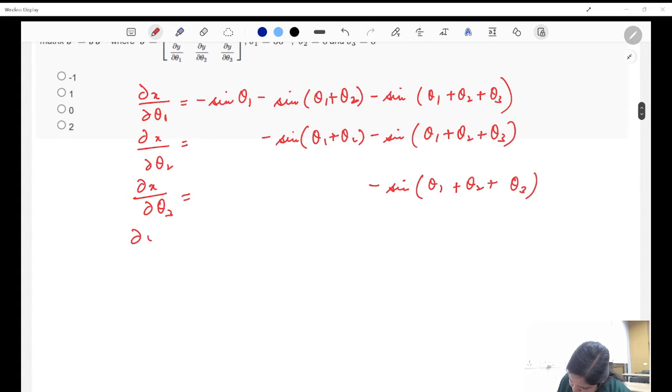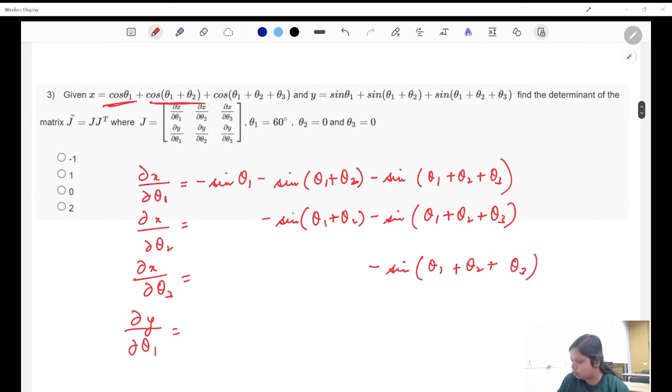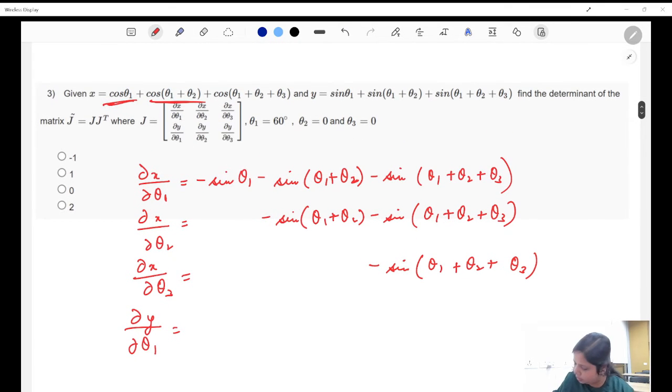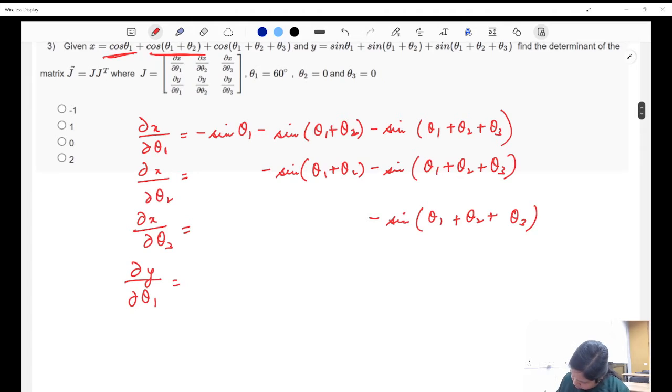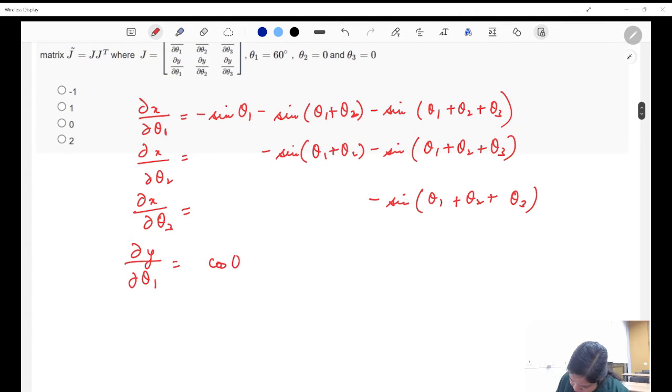Okay. Similarly, if you try to differentiate this, the differentiation of sine theta is cos theta. You can directly write it. It is very similar to the first part.